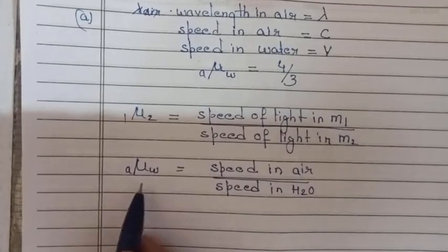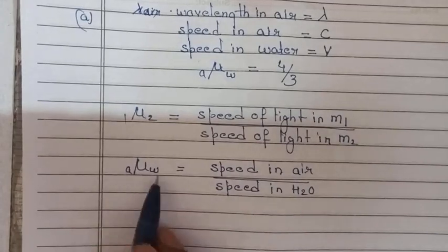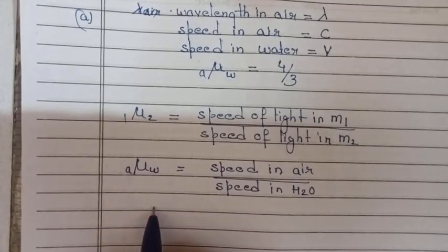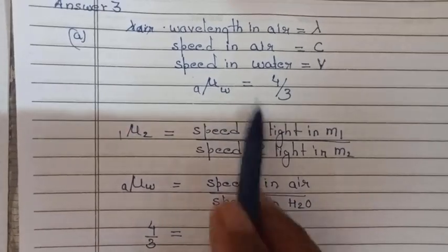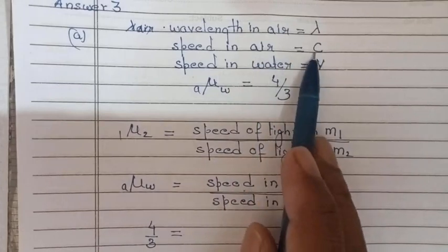Now let's substitute. Refractive index of water is given as 4/3. Speed of light in air is given as c.